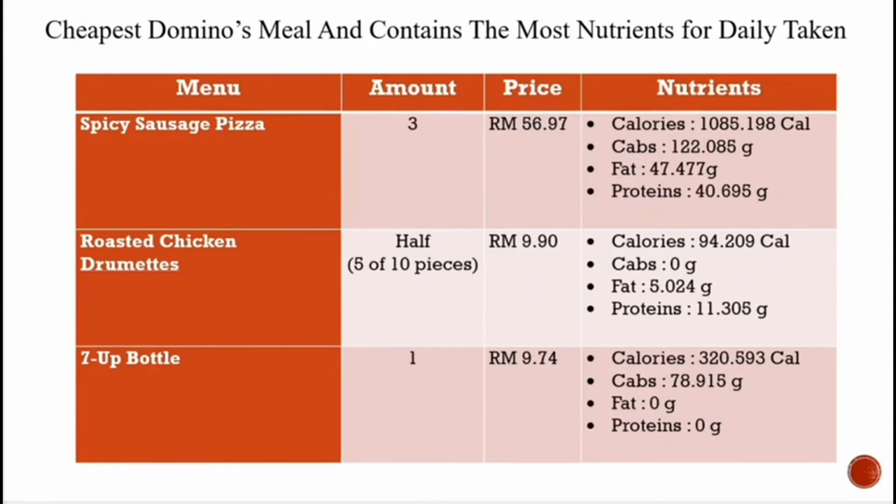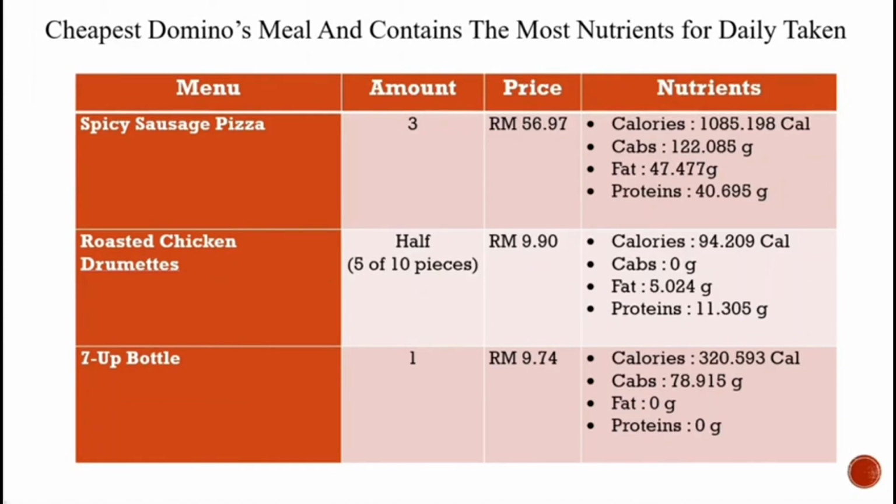This is the data of the cheapest Dominos meal that contains the most nutrients for daily intake. The first menu is spicy sausage pizza with the amount of 3. The price is RM56.97. And the next table shows all the nutrients: calories, carbs, fat and proteins.